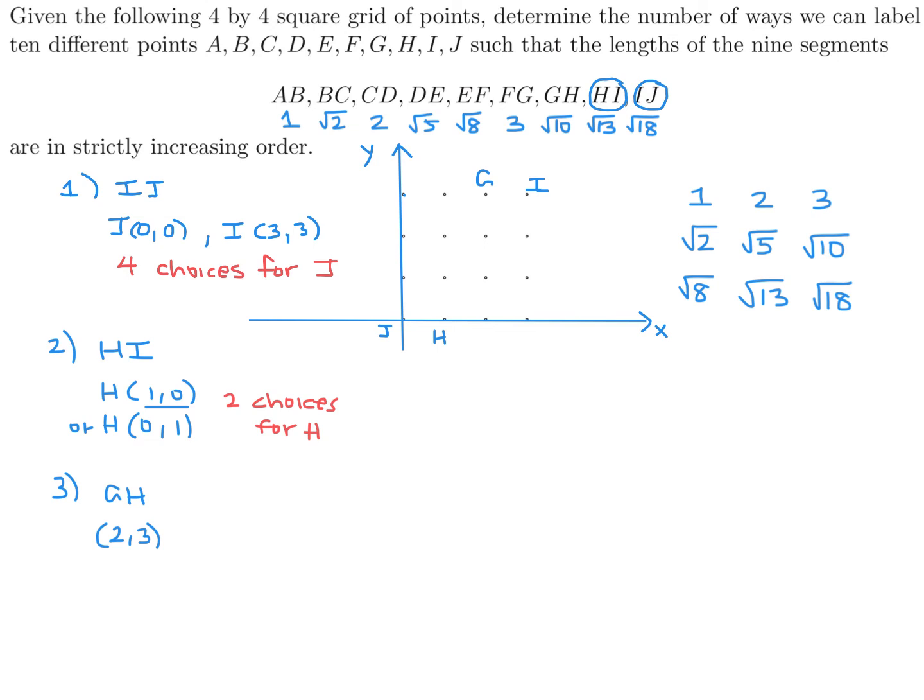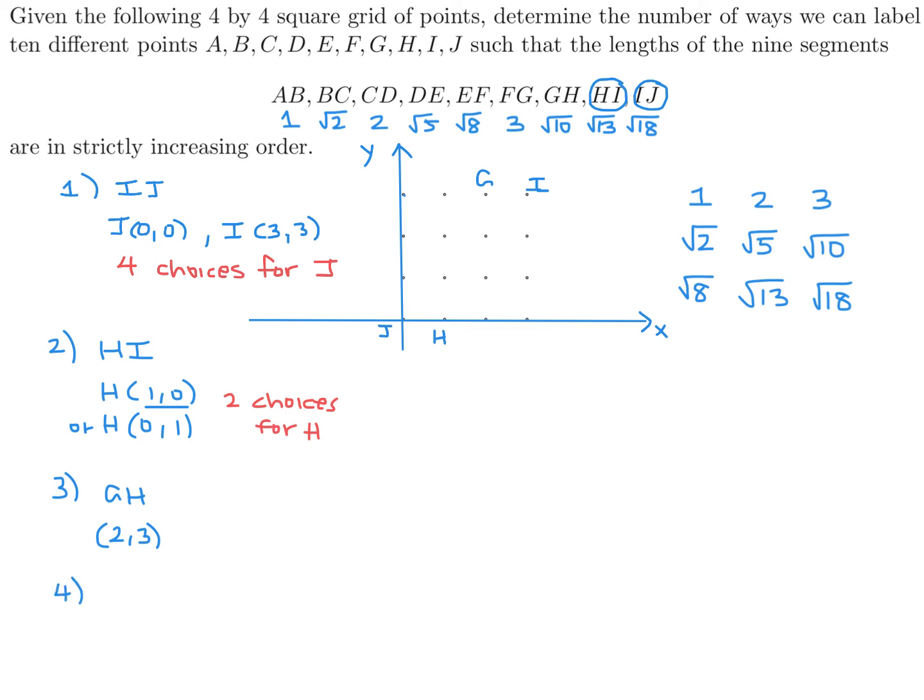Based on where everything else needs to go, we cannot put G anywhere else. It might be tempting to put it there also, but you'll see that F would therefore not have a proper spot. You can try that on your own, but believe me, G has to go only there. So there's only one choice for G.